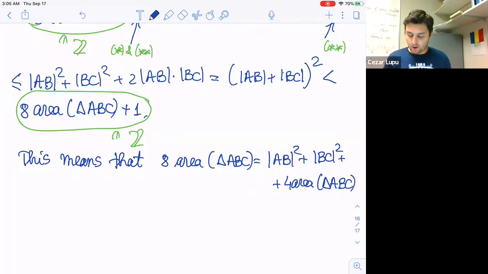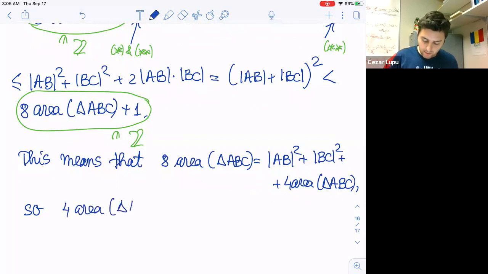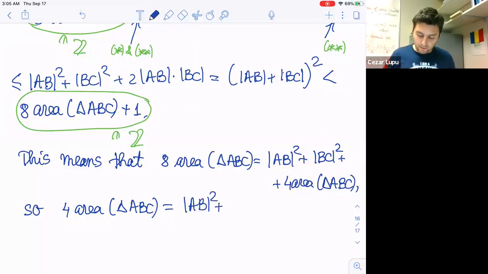Okay, so 4 times the area of the triangle ABC is equal to AB squared plus BC squared.